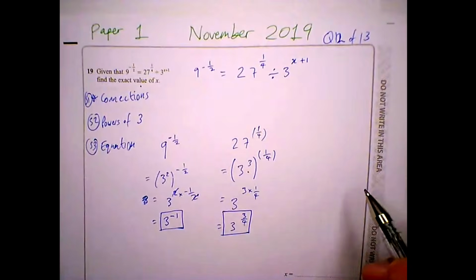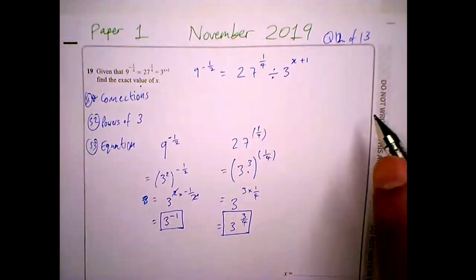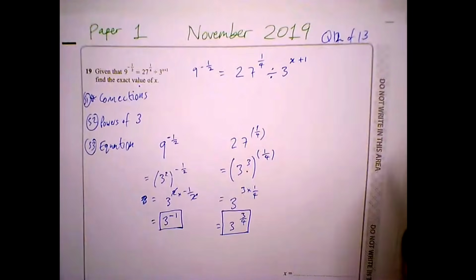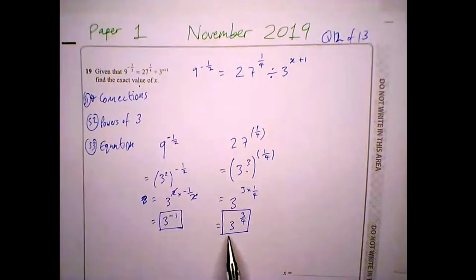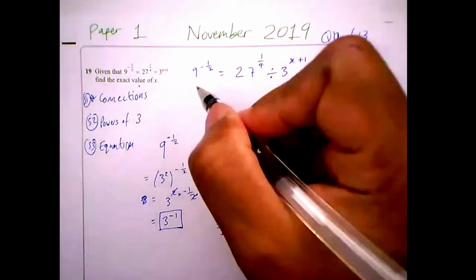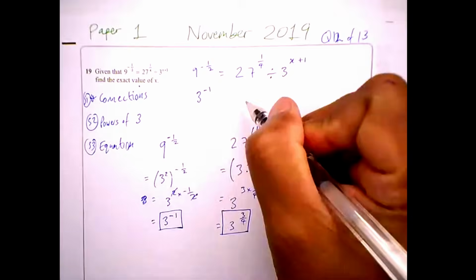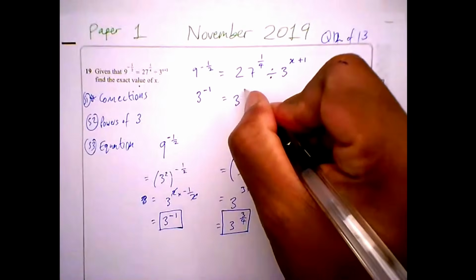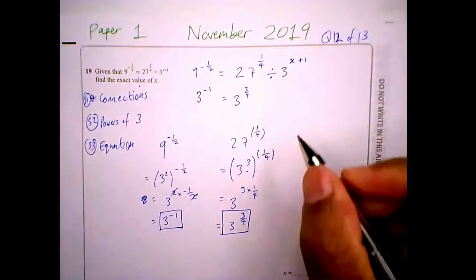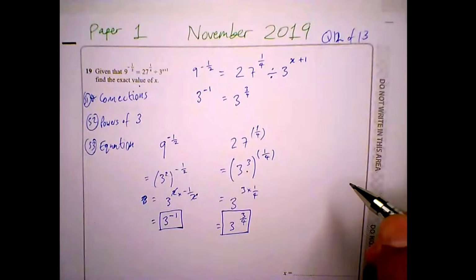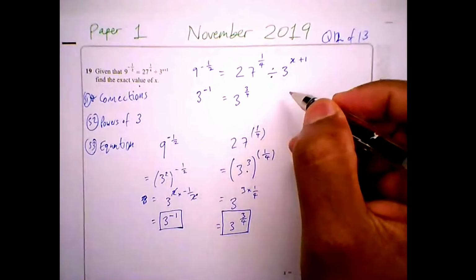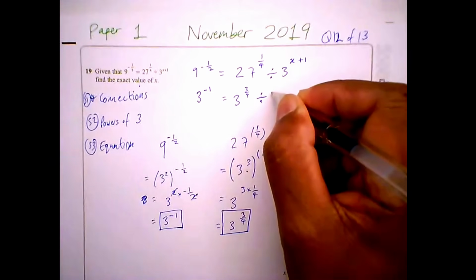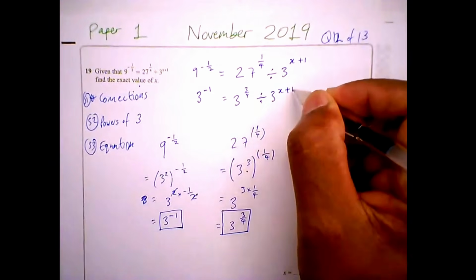And now I'm looking at my third part, which is, well, it's already in terms of 3. So I can now replace this into here. So I'm going to put this as 3 to the power minus half equals 3 to the power 3 over 4 divided by 3 to the power x plus 1.